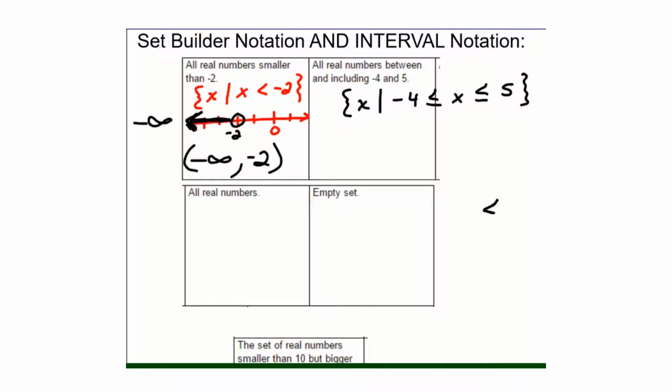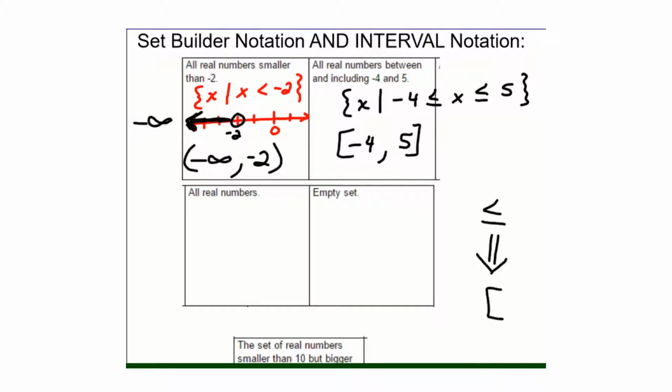Remember when I said less than or equal to? That corresponds to a left bracket instead of a left parenthesis. So -4 is included. So we're going to put a bracket around the -4, comma, a 5 with the bracket.